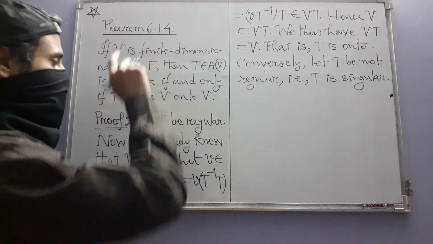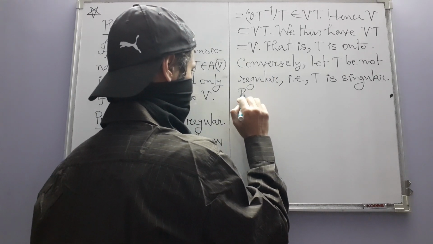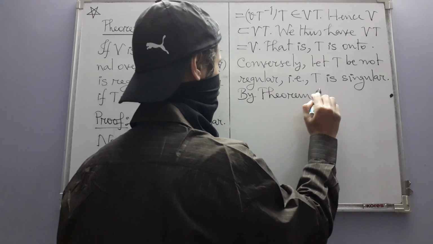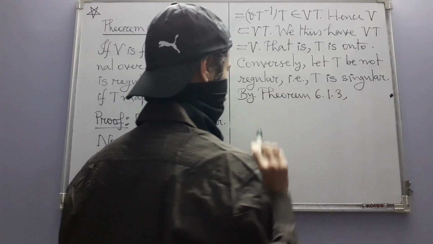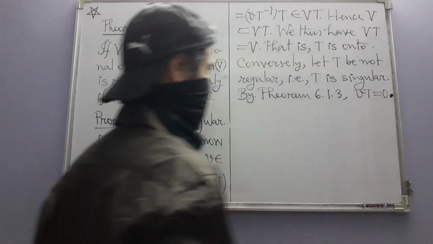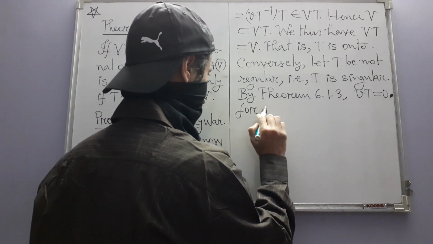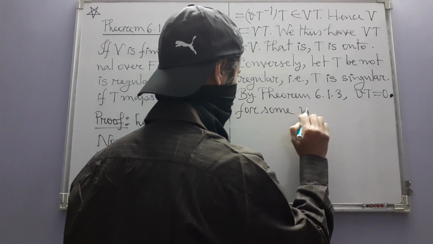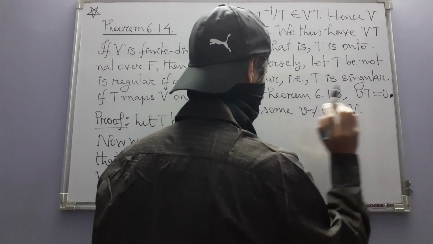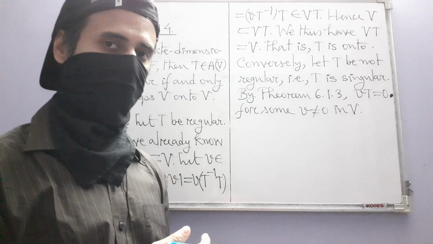This is 614, so the previous theorem. By theorem 613, vT is equal to 0 for some non-zero vector v in the vector space V. Of course, the zero vector is mapped by T onto the zero vector.